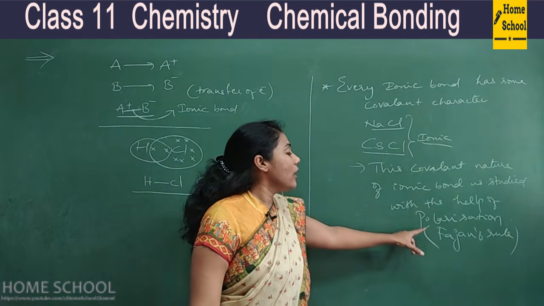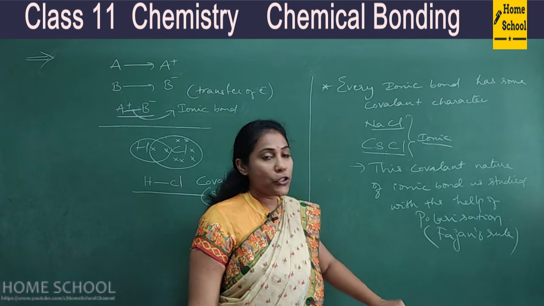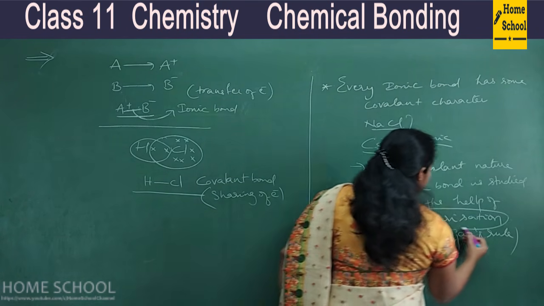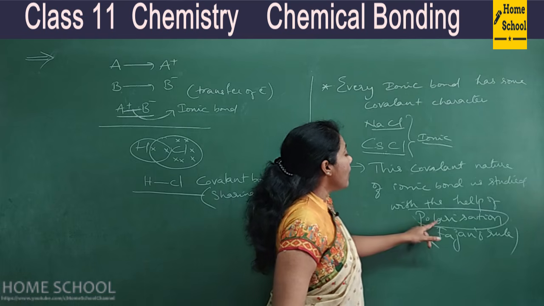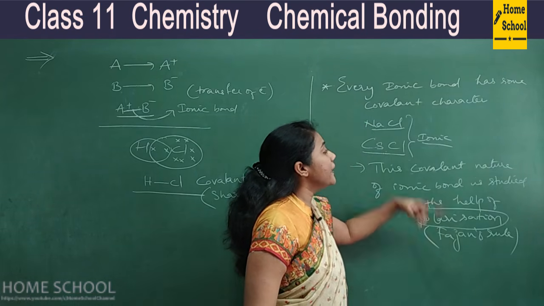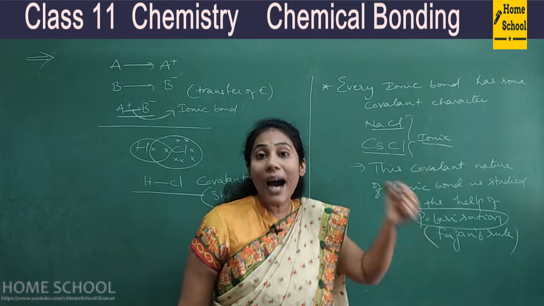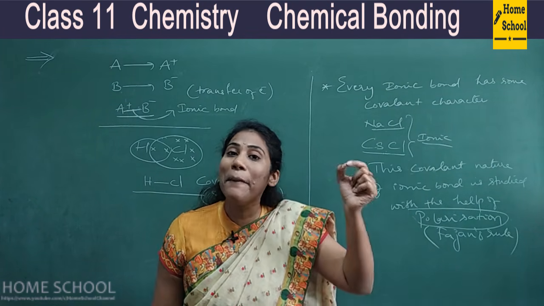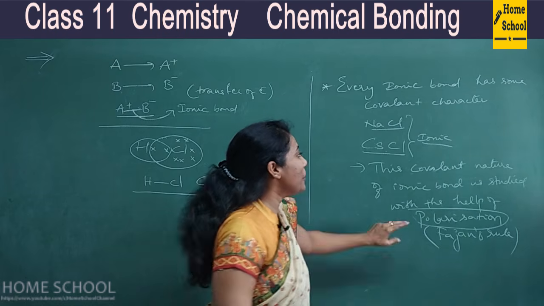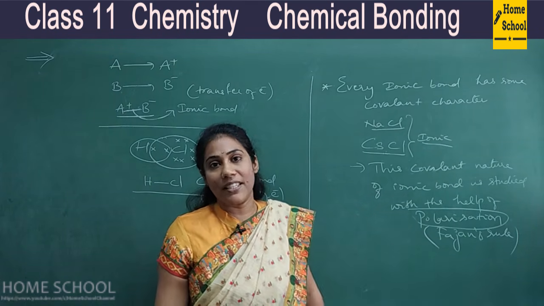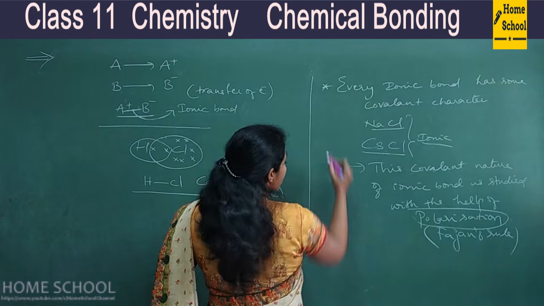So when do you study this Fajan's rule? Fajan's rules are related to a concept called polarization. So what is polarization? With this polarization concept, you can understand the covalent character of an ionic bond in a better way. So hope you understood why we have to study Fajan's rule and what is the use of Fajan's rule.